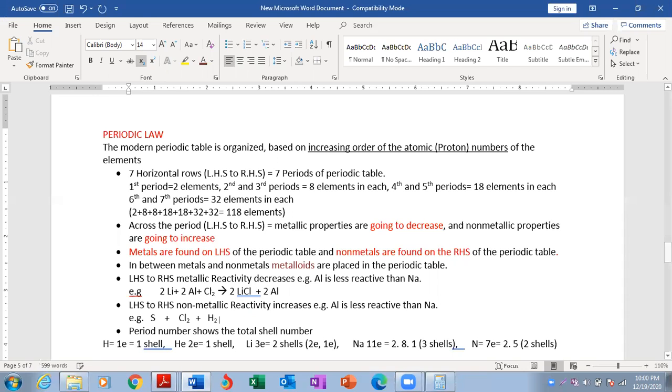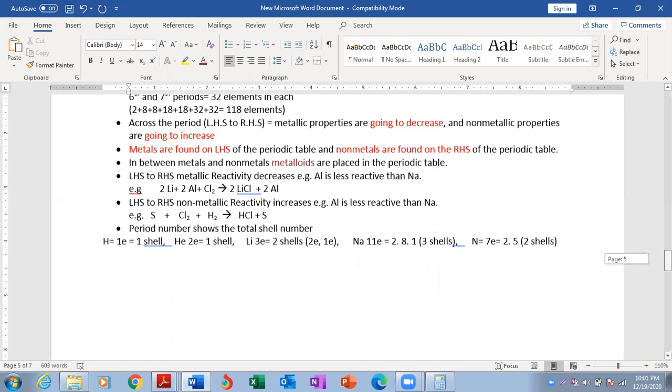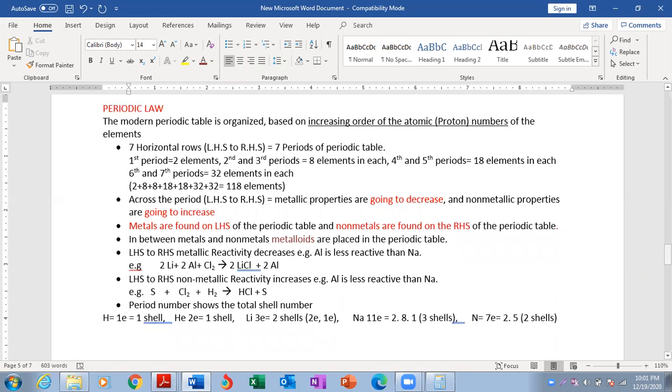Now what will happen? Which element will react with hydrogen? The chlorine will react with hydrogen and form HCl, and the sulfur will remain here. So these are the things about the periodic table. We have studied the reactivity nature, and we have studied the horizontal rows, which are called periods.